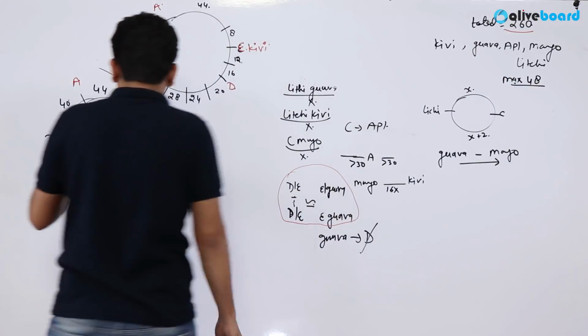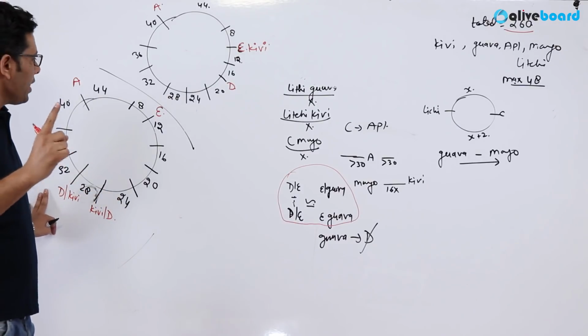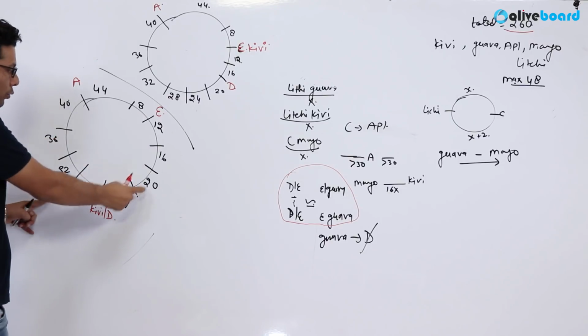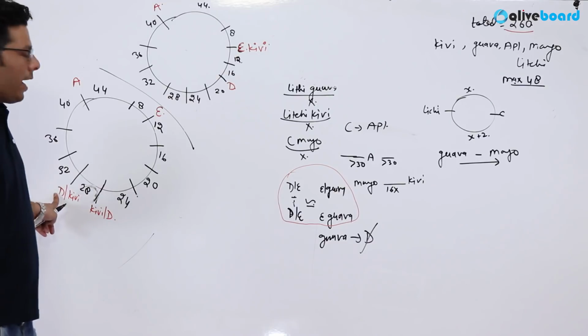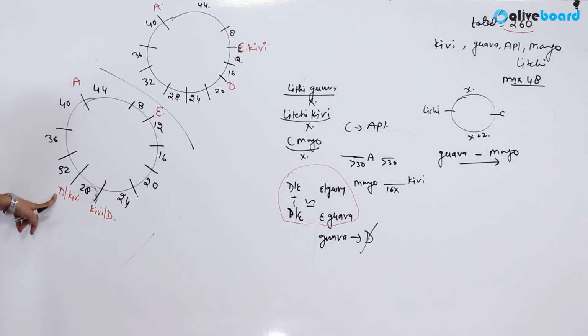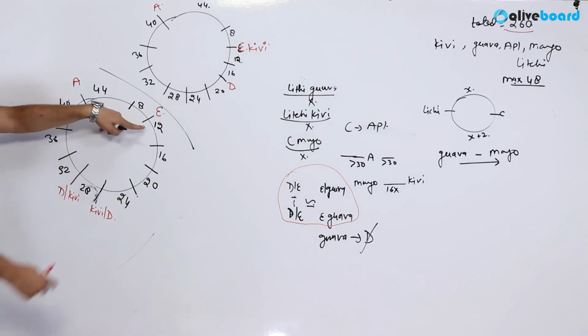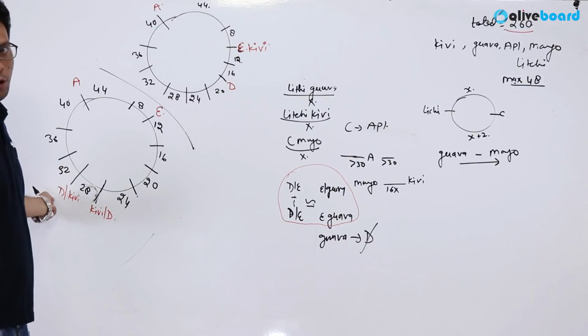If I consider this D, then the number of persons between D and E is 1, 2, 3, 4, from both sides it is 4. So can I have the E and guava? Because if this is the E, then my guava would again be at this point itself.